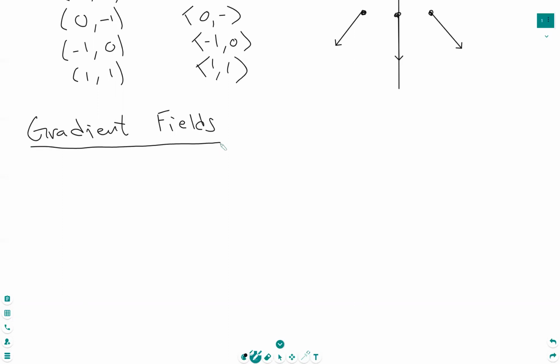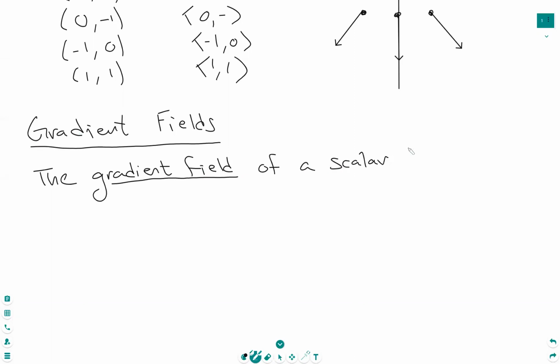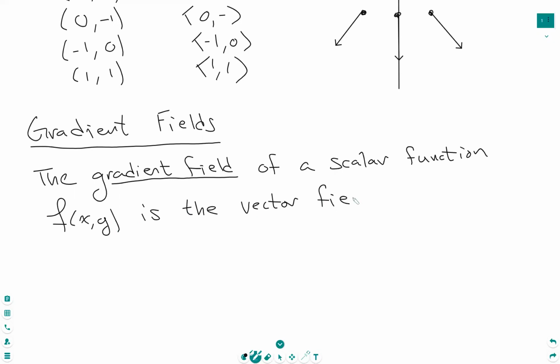Let's talk about gradient fields. The gradient field of a scalar function f of x and y is the vector field created by the gradient of f.